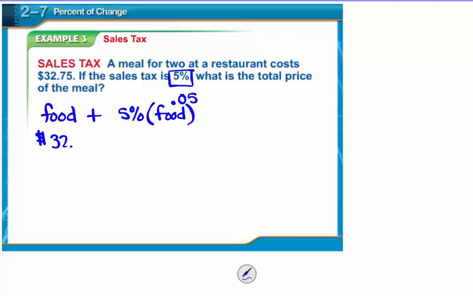So the food cost $32.75 plus 5% times $32.75.